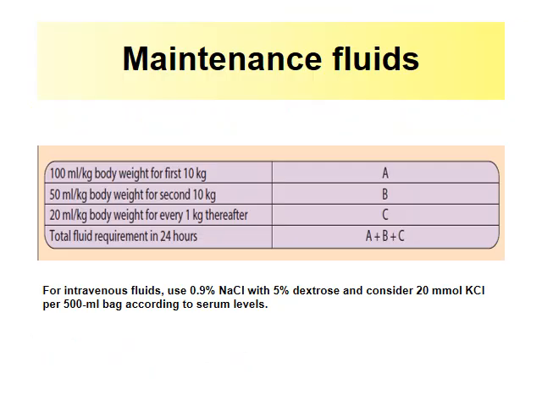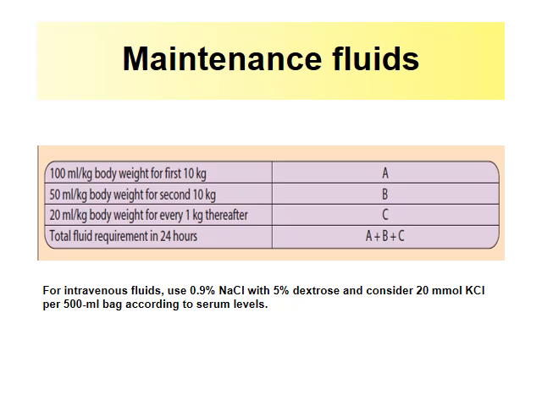Then the maintenance fluid. For the first 10 kilos, we give 100 ml per kg. For the second 10 kilos, we give 50 ml per kg. For every kilo after that, we give 20 ml per kg of the body weight. So the total fluid required in 24 hours, I will measure it, and will give it as sodium chloride with 5% dextrose, we call it D5 normal saline.